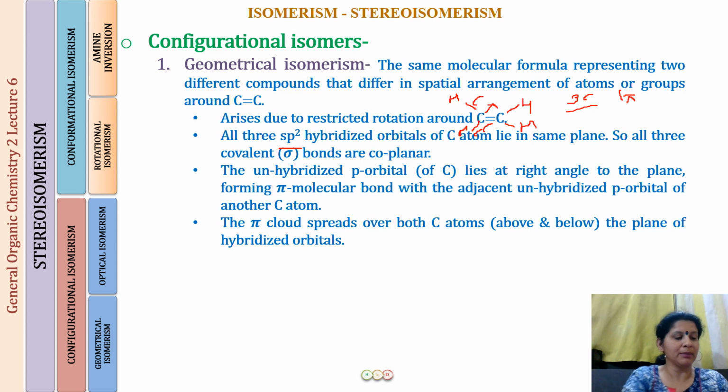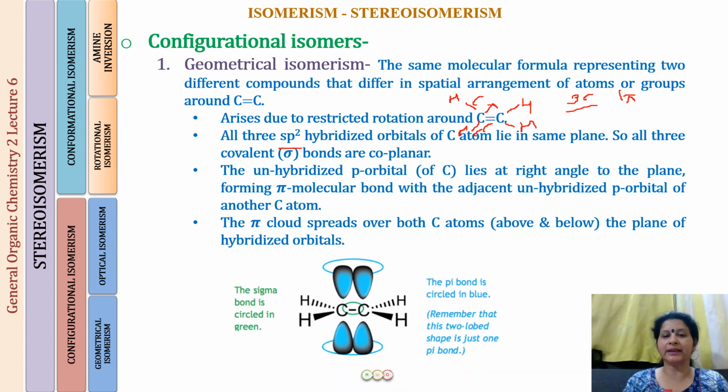So there is one pi electron cloud. If you see the diagram, diagrammatically you will be having a pi electron cloud above and below the plane of the sigma bonds. So if you look back over here, this one, you are seeing this. This is the structure that we are having.